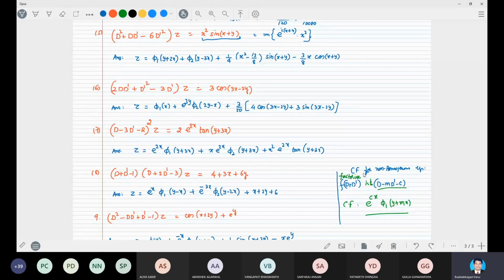But for the complementary function, you take the factors into the form (D minus mD' minus c), so that the complementary function is given by e power cx into phi 1 of (y plus mx). You use these properties for solving these non-homogeneous equations, questions 6 to 9.